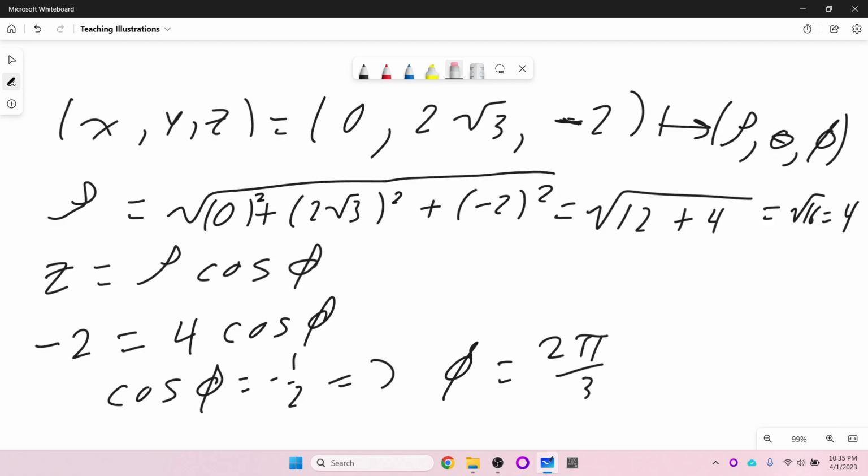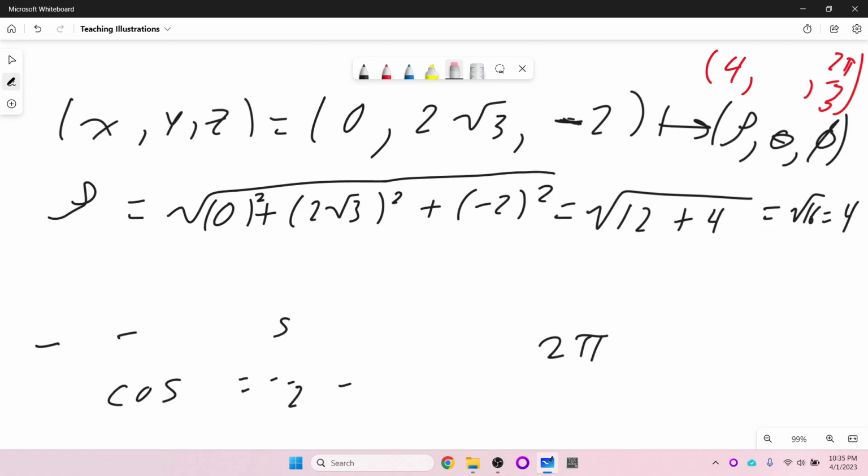Okay, so we've got two of the coordinates now. Rho is 4. Phi is 2 pi over 3. This is probably the correct order to go in. Rho is the easiest. Then you use the z to solve out for phi. And then use either the x or y. X is 0, so it might help.